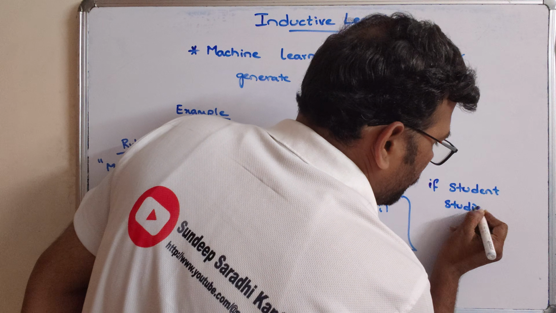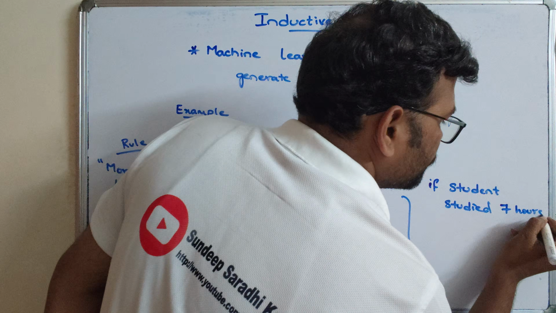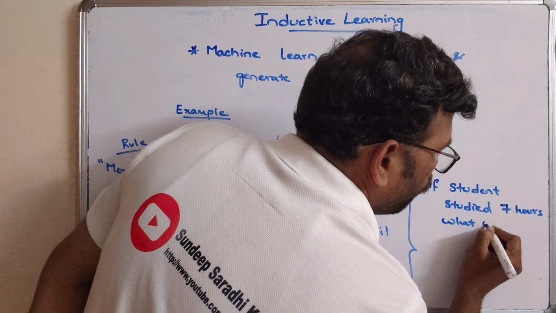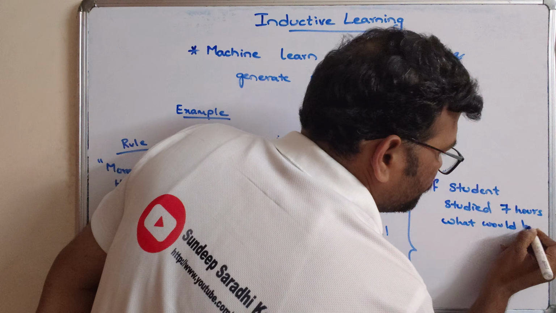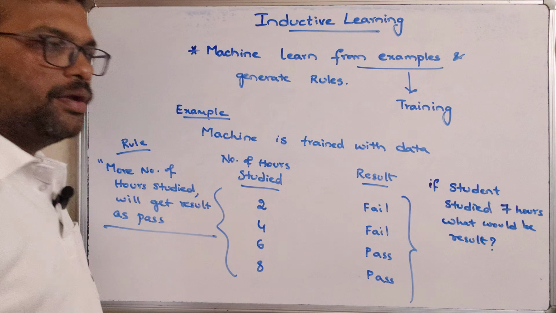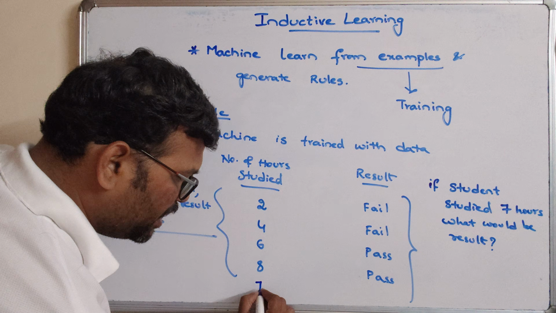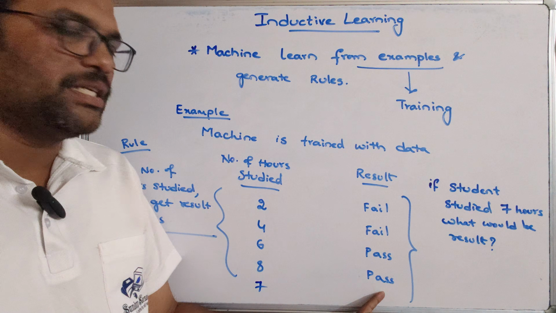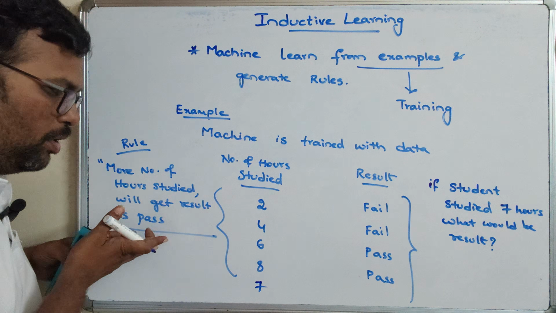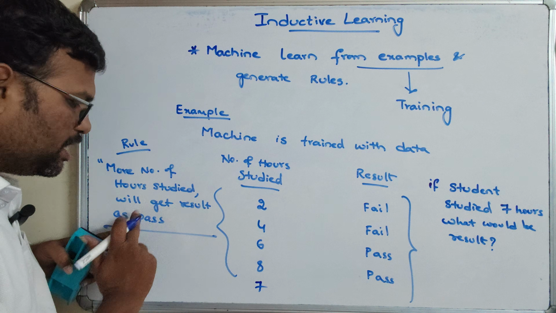if a student studied 7 hours, what would be the result? From this rule, a student who studied more hours will get a result as pass.